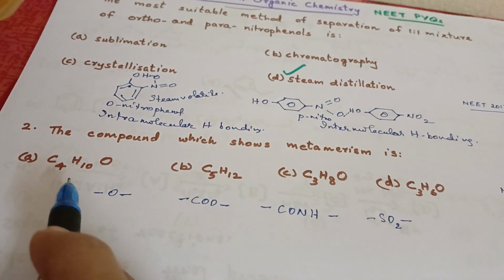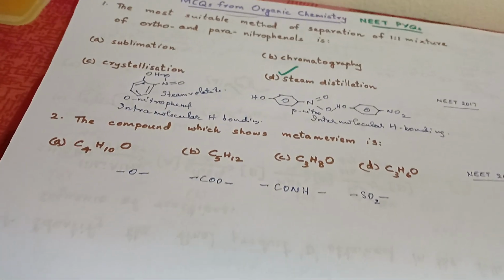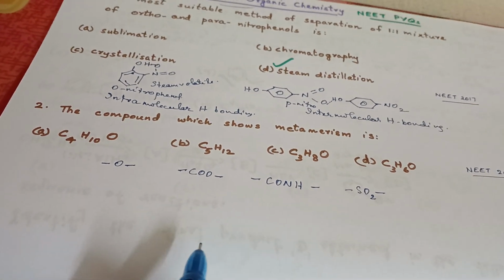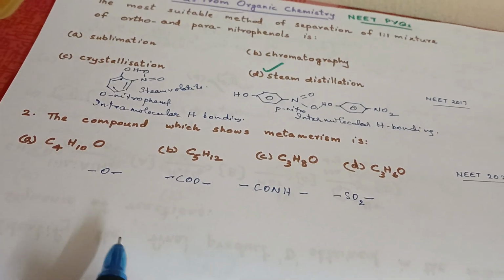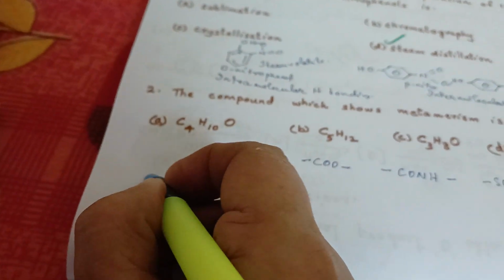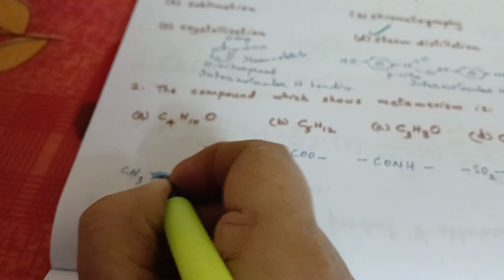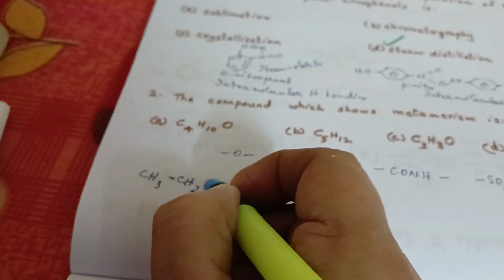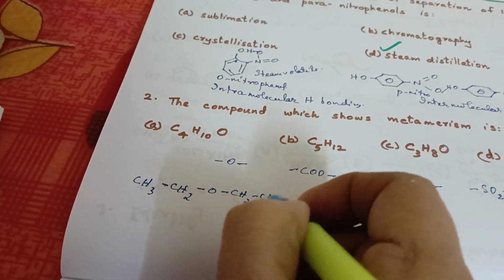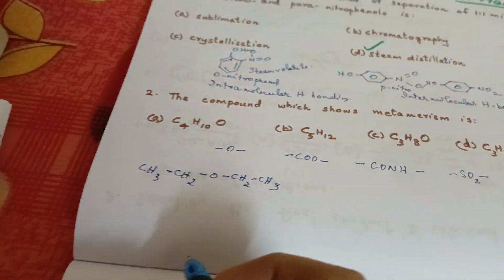So let us look at the first compound, that is C4H10O. Now let us see how many possible arrangements are there. It is C4H10O. Then we can have, say, CH3, CH2, O, CH2, CH3. That is one possible arrangement.